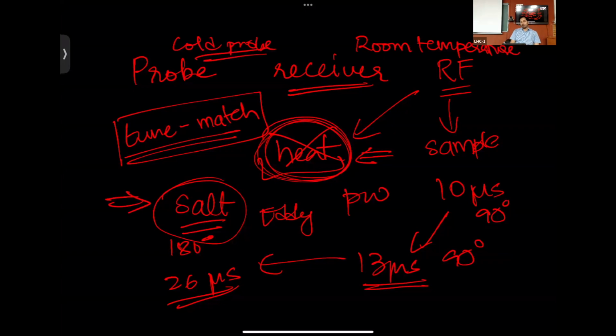So the long and short answer to why, when you have high salt, it's difficult to suppress water, why the water signal comes up so much and you can't effectively suppress it, is because as you start increasing the salt concentration, the effective tune and match is almost lost, and therefore other things start to happen there.